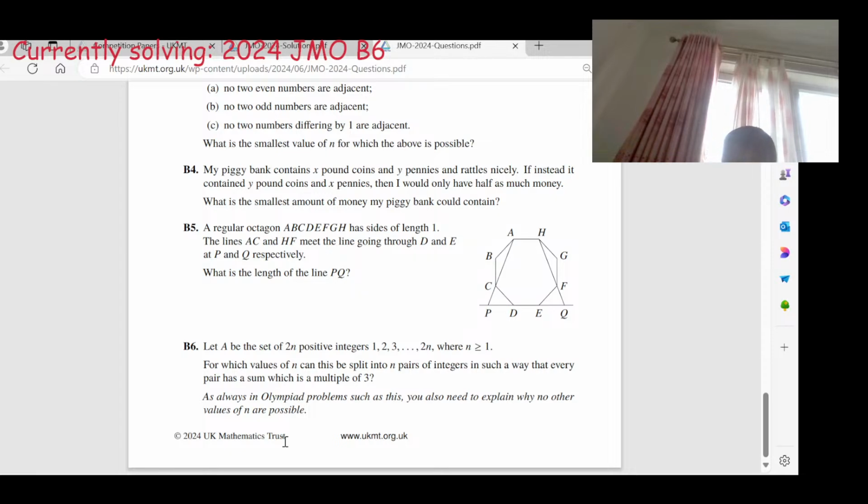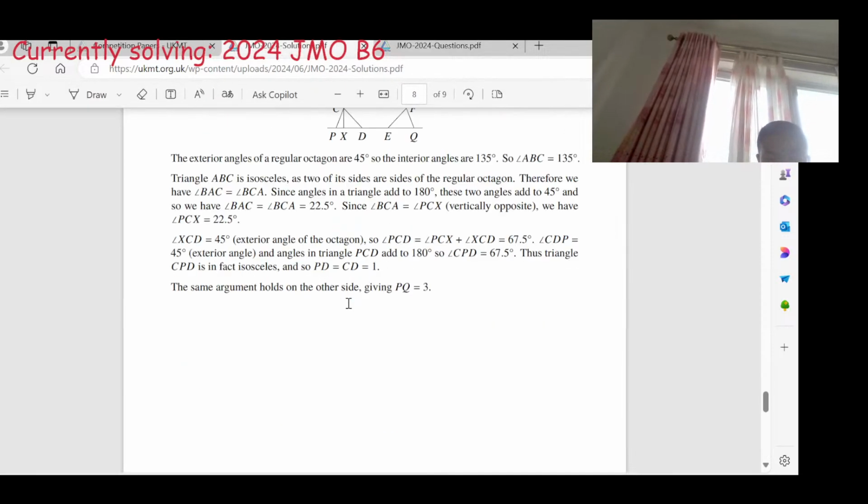And if n is 2 mod 3, then 2n is 2 mod 6. And that works because it's like 0 mod 6, apart from the fact that you have 2 leftover numbers, and you form them to make a multiple of 3. So n is 0 or 2 mod 3.